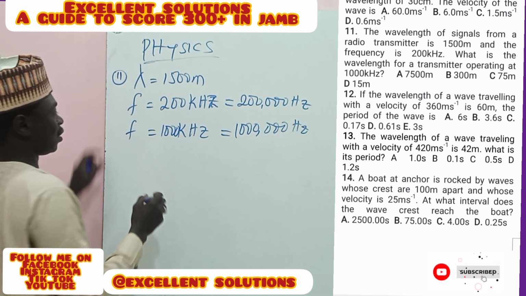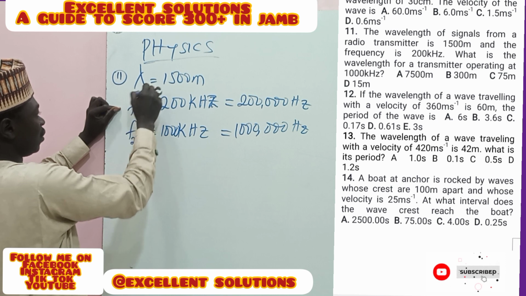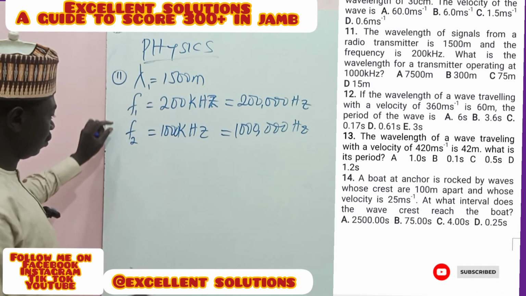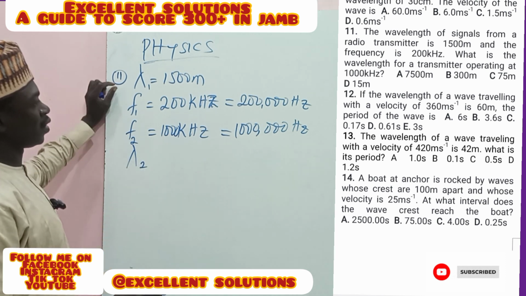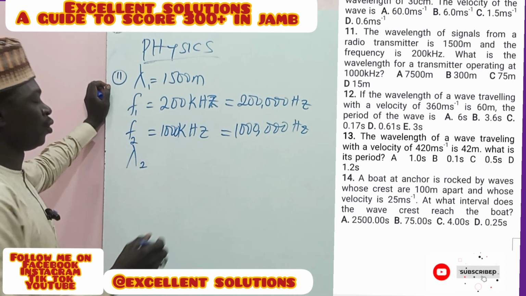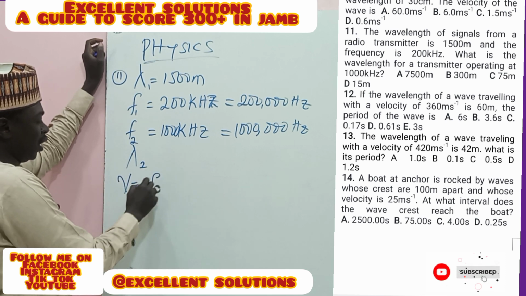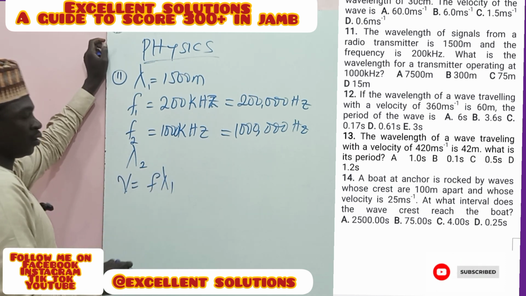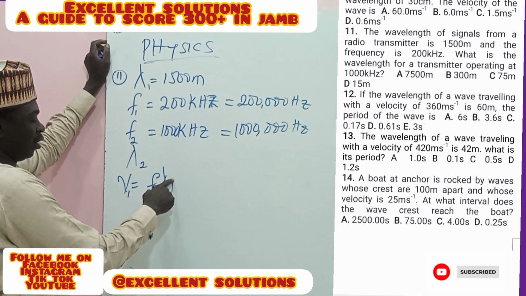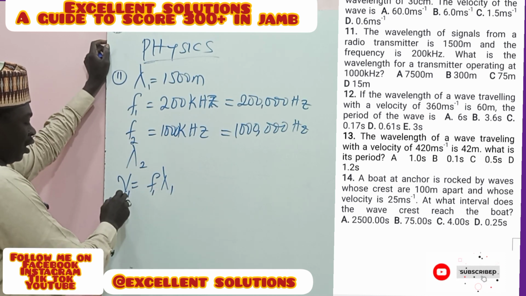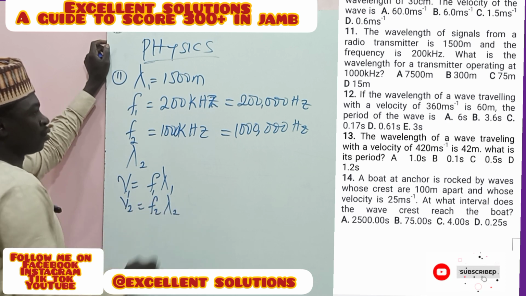So if this is the case, we have two frequencies. This one should be F1, this one F2, this one should be lambda 1, and we are asked to look for lambda 2. Since it is a radio wave, remember we have velocity V equals F lambda. So we can say V1 equals F1 lambda 1, and V2 equals F2 lambda 2.